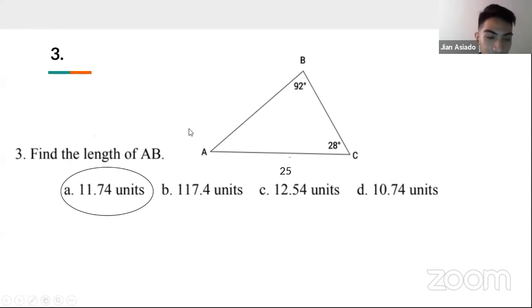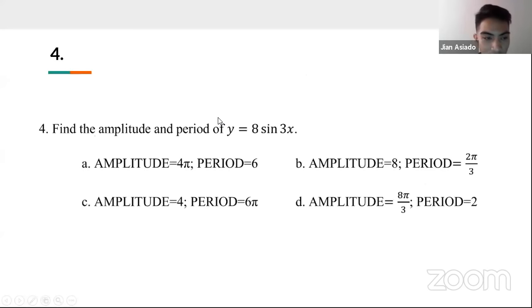Now, number 4, find the amplitude and period of y is equal to 8 sine 3x. Here, the topic is oscillations. What is oscillation?